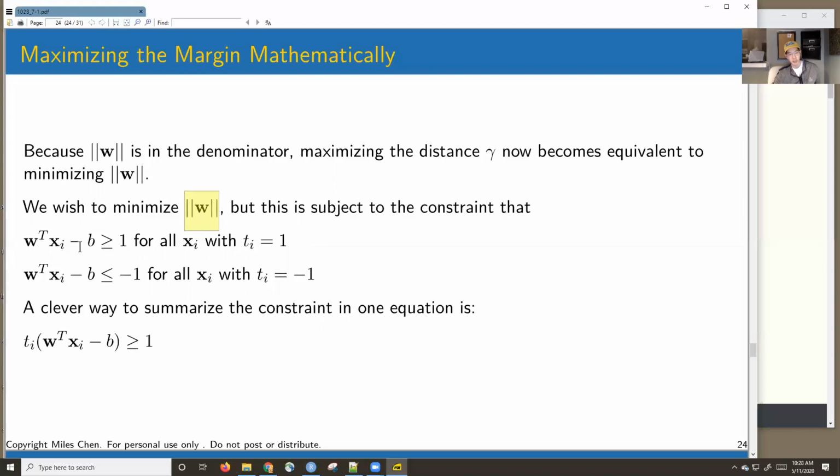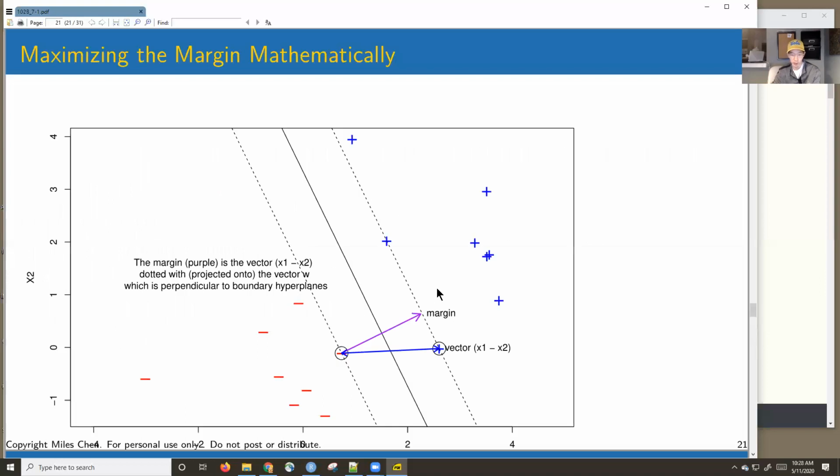That when I do W transpose X minus B, it's going to be greater than or equal to 1 for all of the positive x's, and then W transpose X minus B is going to be -1 or more negative for all of the negative x's, right? So if we look at this picture, here W transpose X minus B is equal to 0.